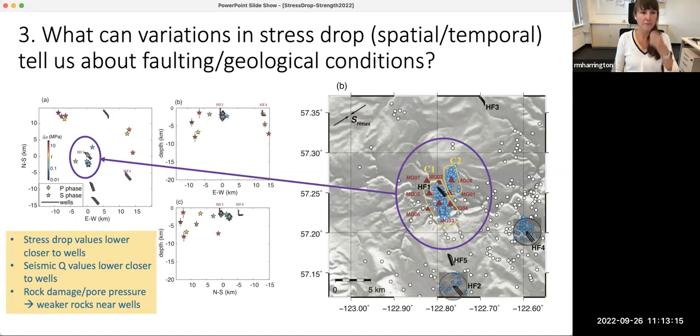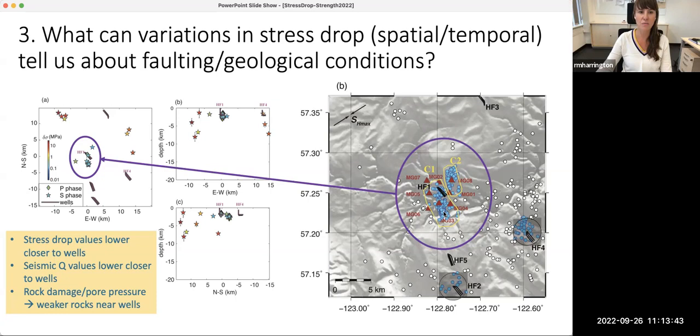I didn't go into much detail here, but she used this single spectrum approach, and also another similar approach where she took clusters of events which were very close to one another and estimated their seismic Q quality factor individually, to get constraints on the spatial distribution of the quality factor.